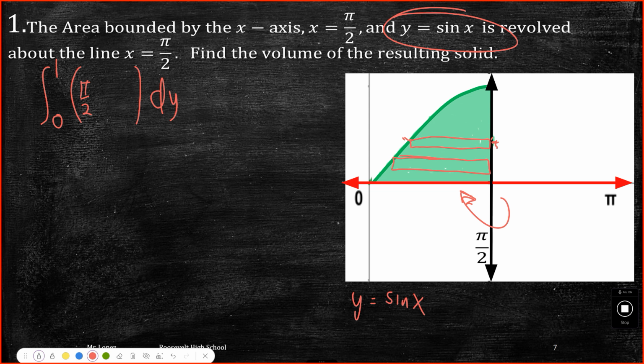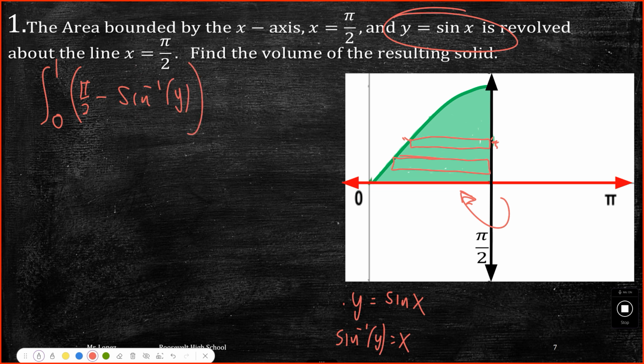X equals something: sine inverse of y is equal to x. So this is going to be pi by 2 minus sine inverse of y.